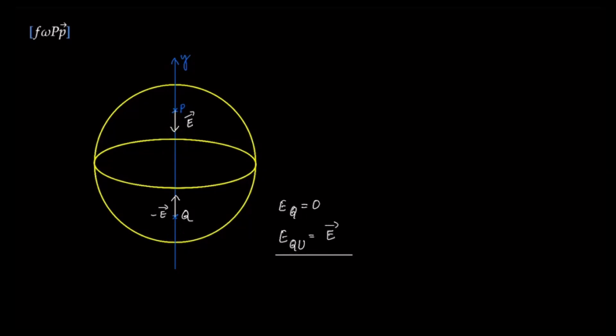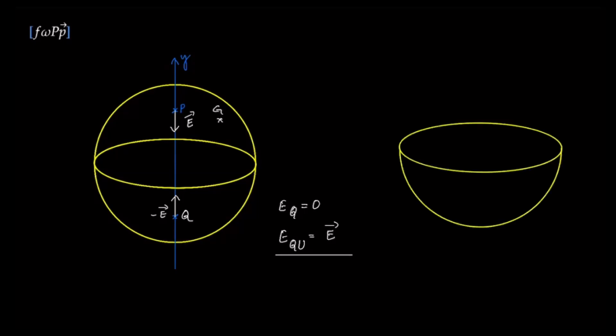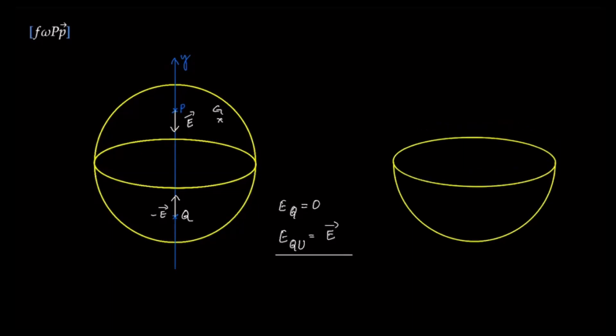Let's look at the general point G inside the upper hemisphere. If you consider only the lower hemisphere, then the point G is somewhere over there. The lower hemisphere is positively charged. And if you consider any particular charge out there, that is going to set up an electric field at G which points in that direction.